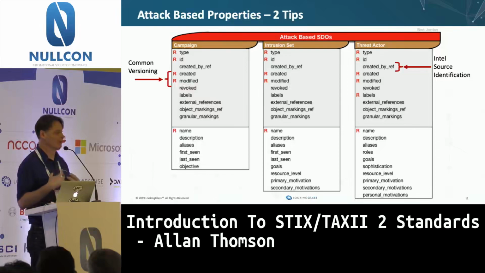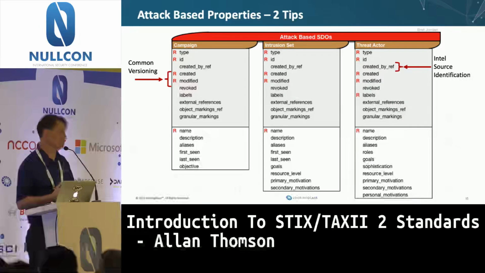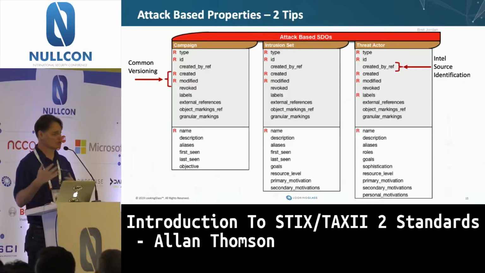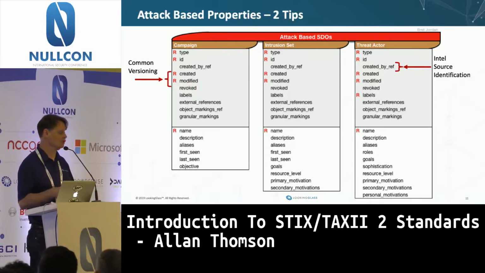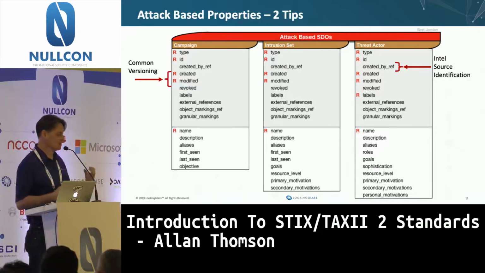Because with a lot of information that you're going to act upon, what you care about is typically the confidence of that data and how reliable the source is. STIX has focused on representing things that are very common in the trade, where you want to represent not just the intelligence, but who is actually creating it. Because if you get a piece of intelligence that has no source data, how reliable is it?